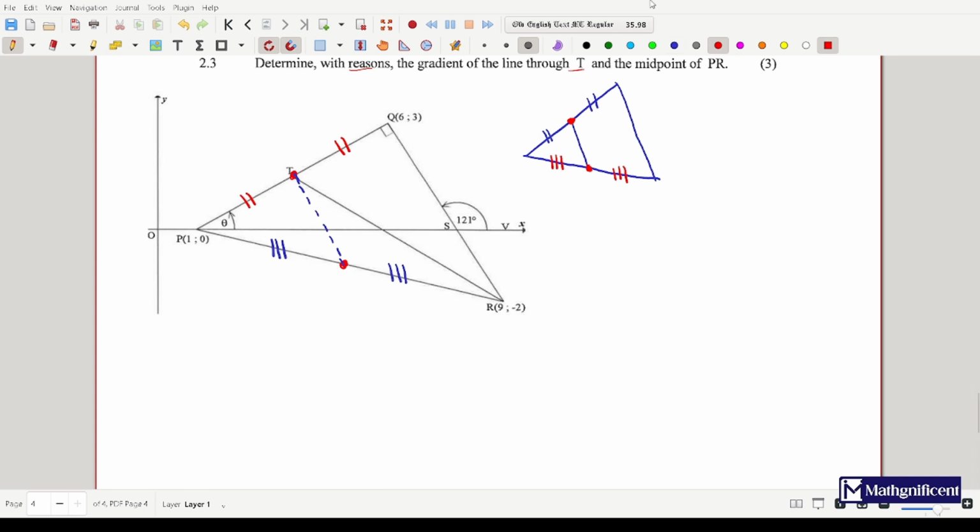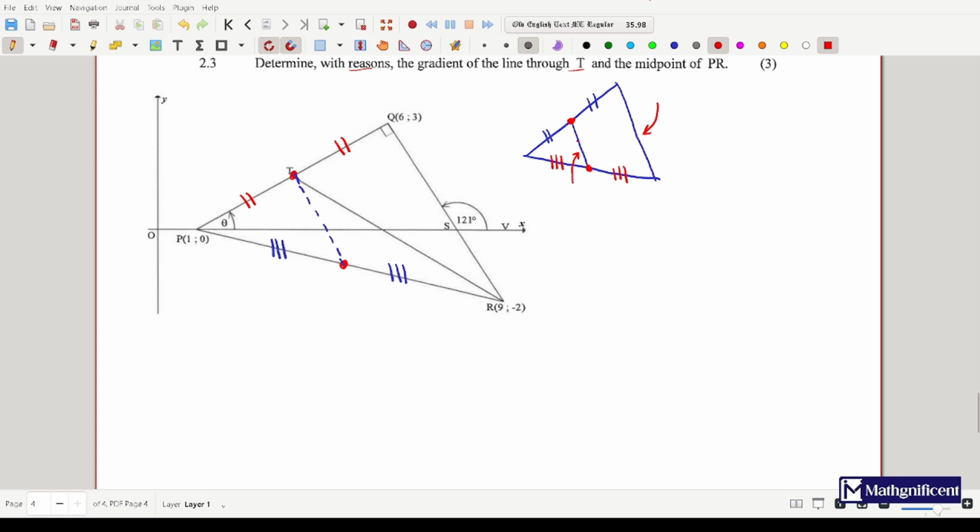It is the midpoint theorem, right? Since we have a line segment that is joining two midpoints of two sides in a triangle, what do we know from the midpoint theorem? We know that this line segment will be parallel to the third side, which is this side here.